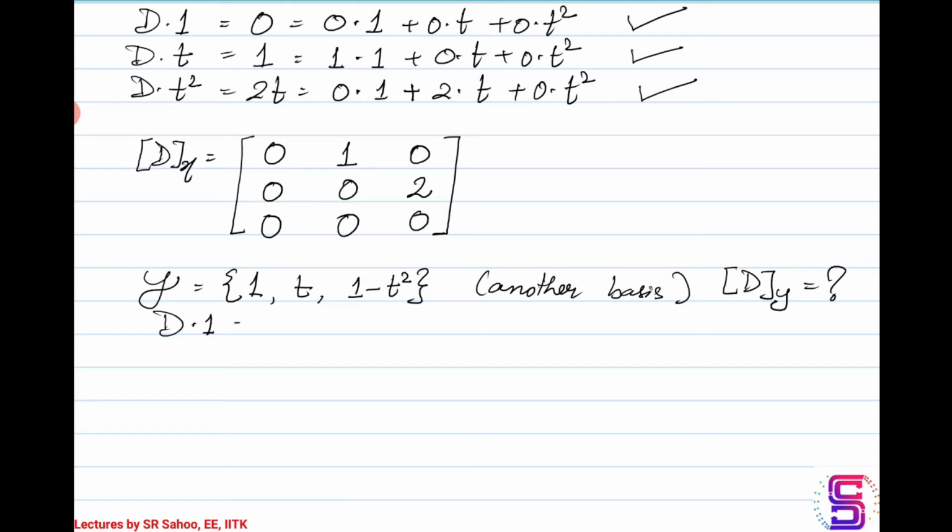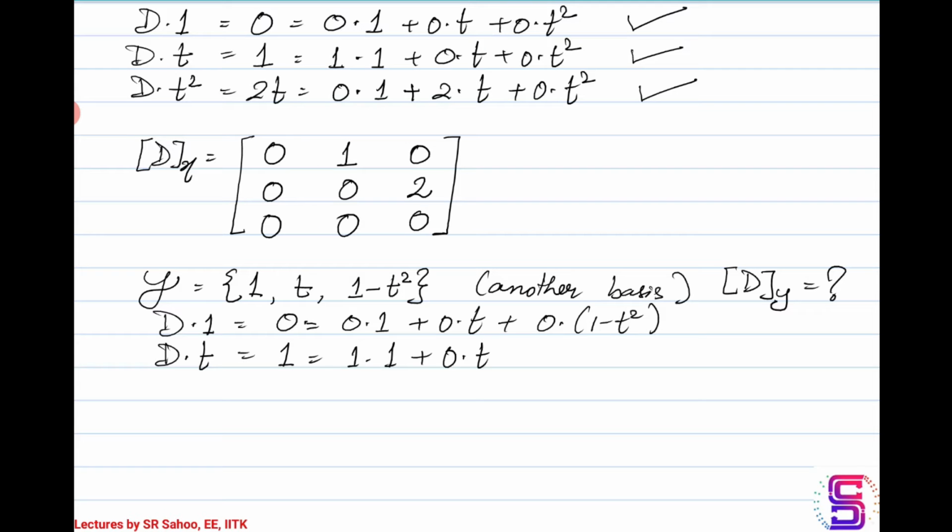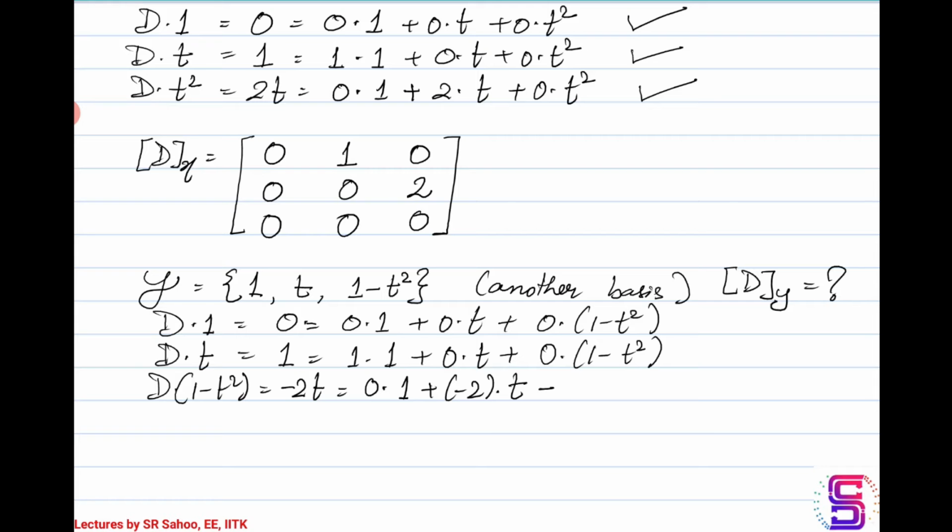D acting on 1 gives me 0, which is nothing but 0 times 1, 0 times t, and 0 times 1 minus t square. Similarly, D acting on t gives me 1, which is 1 times 1, 0 times t plus 0 times 1 minus t square. And D acting on 1 minus t square gives me minus 2t, which is 0 times 1 minus 2 times t and 0 times 1 minus t square.